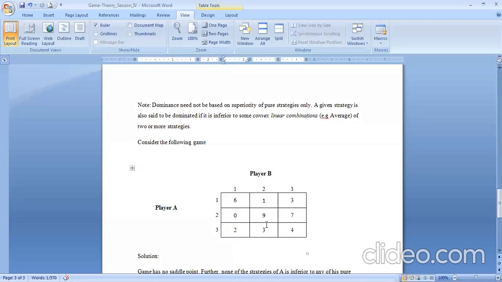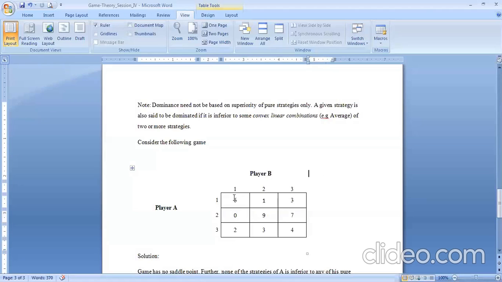Then 9 plus 3 is 12, 12 by 2 is 6. The average 6 is greater than 1. Like that, you can compare one pure row or pure strategy with the average of the remaining. That is also possible in order to make the comparison for the dominance rule.